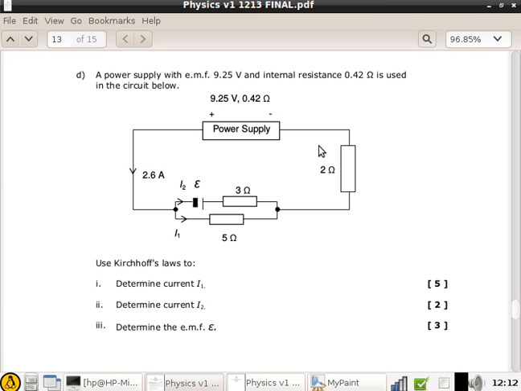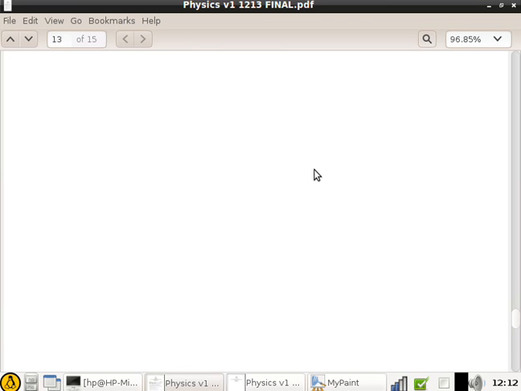Now, before you start this one, in this diagram, just be careful. You see that power supply? It's 9.25 volts and a small resistor of 0.42. So my advice is to draw this on your diagram as two things: a 9.25 volt power supply and a small 0.42 resistor. Draw them as separate objects.